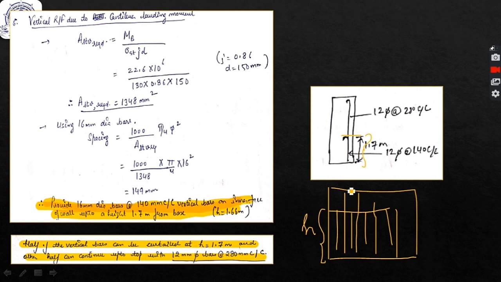Half of the bars can be curtailed above that, so the spacing of the reinforcement here will be double. So if this is 140 mm, this will be 280 mm here. So at a height above 1.7 meter we can provide reinforcement at 280. This will be 16 mm, not 12 mm. I have written it by mistake.